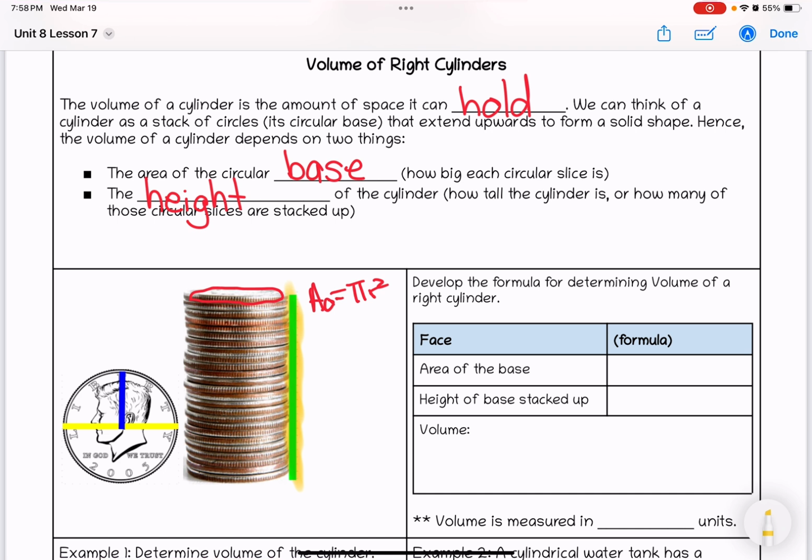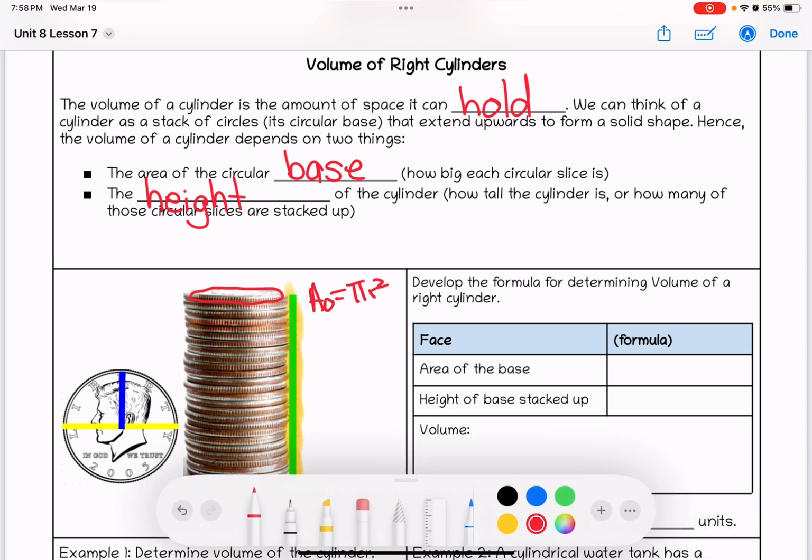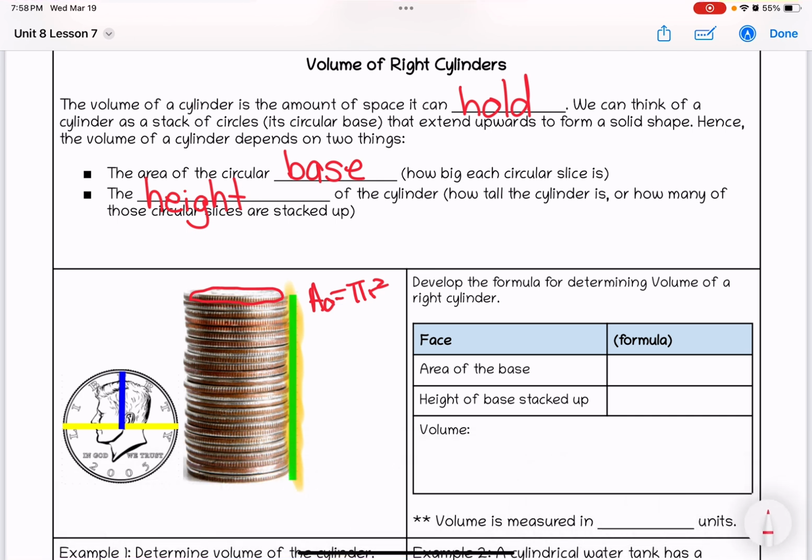To develop the formula for determining the volume of a right cylinder, we have the area of the base, the area of a circle, which is pi r squared. And then the height of the base stacked up is the height, or how tall it is. Those are the only two things we need.